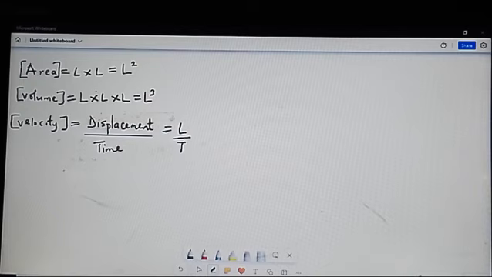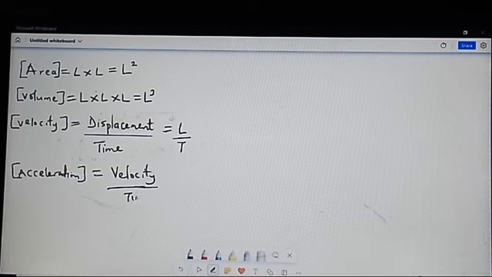For acceleration, it is change in velocity over time. Of course, the dimension for velocity is L over T, so we say L over T divided by time.